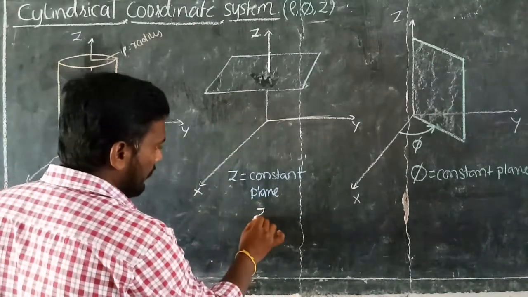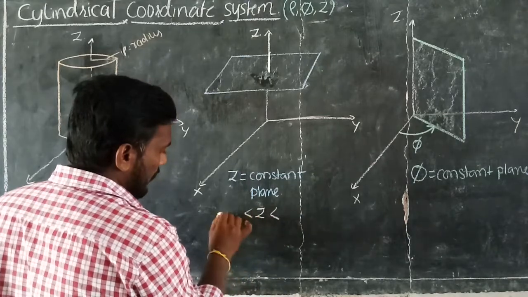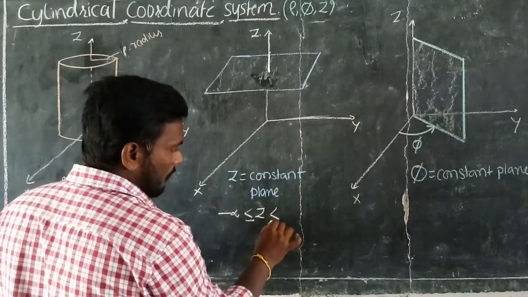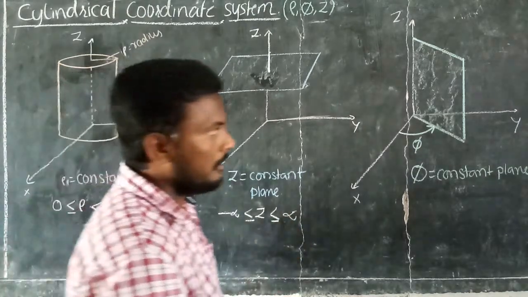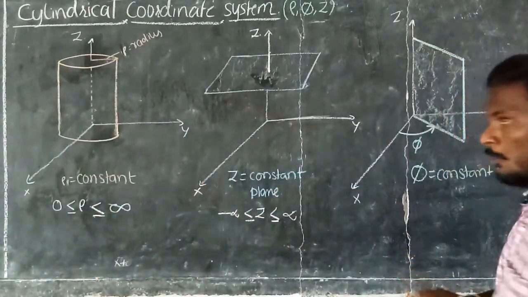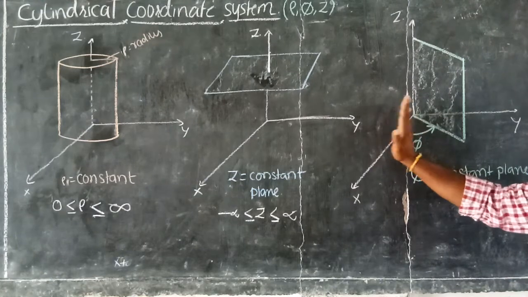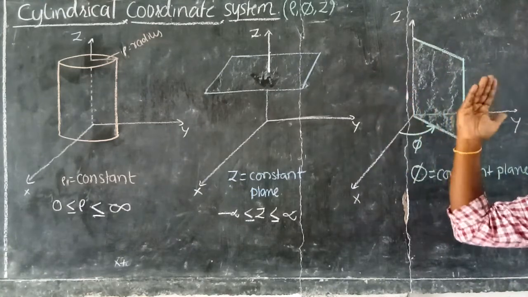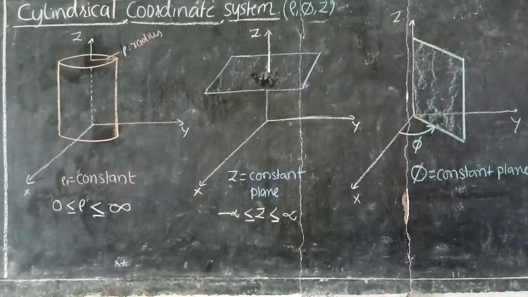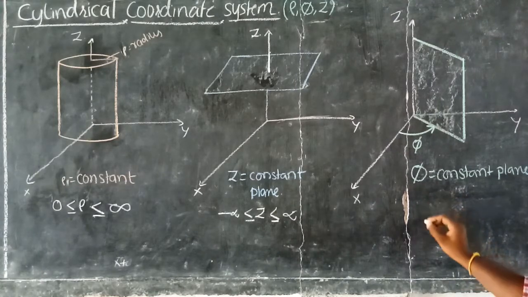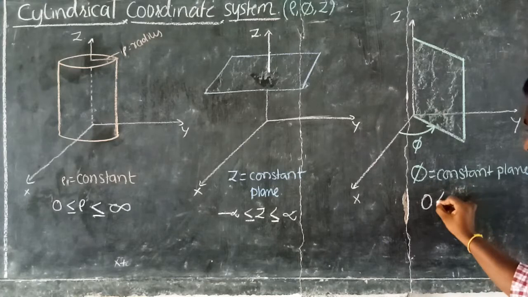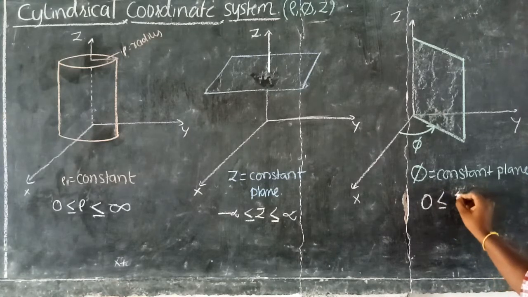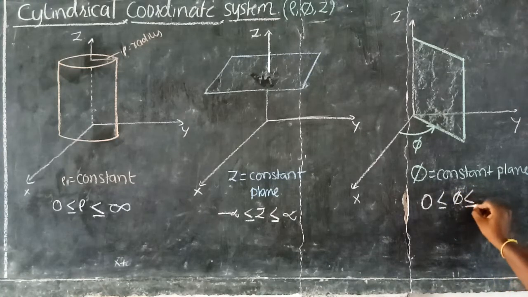That means the limits of z are minus infinity less than or equal to z less than or equal to plus infinity. The half plane is moving from 0 to 2 pi in the anti-clockwise direction, so the range of phi is 0 less than or equal to phi less than or equal to 2 pi.